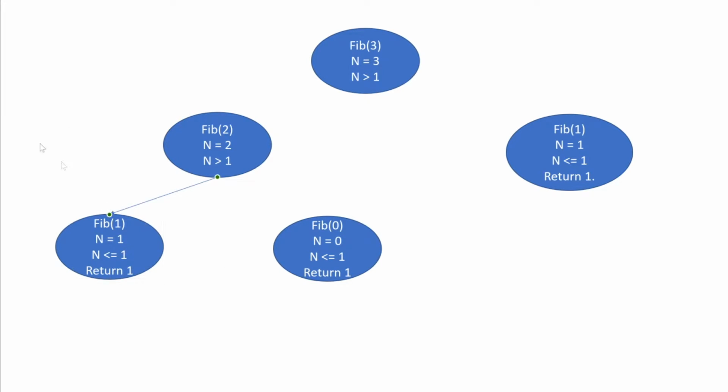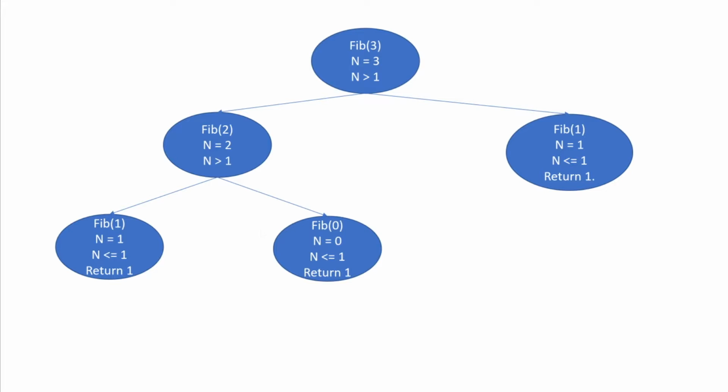This guy calls that guy, and adds them together. This one calls that one, and that one, and calls them together. So, you can see the recursion is breaking it down into smaller parts, where the smallest part is always the base case, where n is 1 or 0.